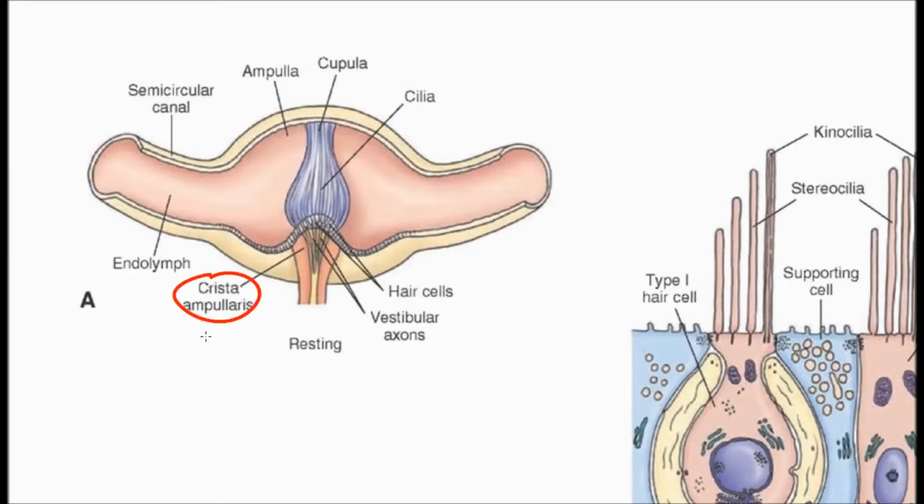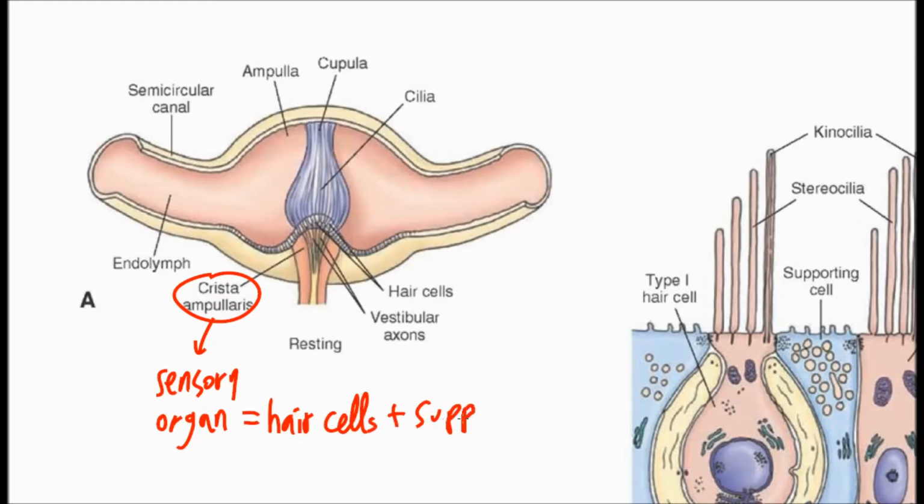So this is the sensory organ for the semicircular canal, which contains hair cells and supporting cells that support the hair cells.